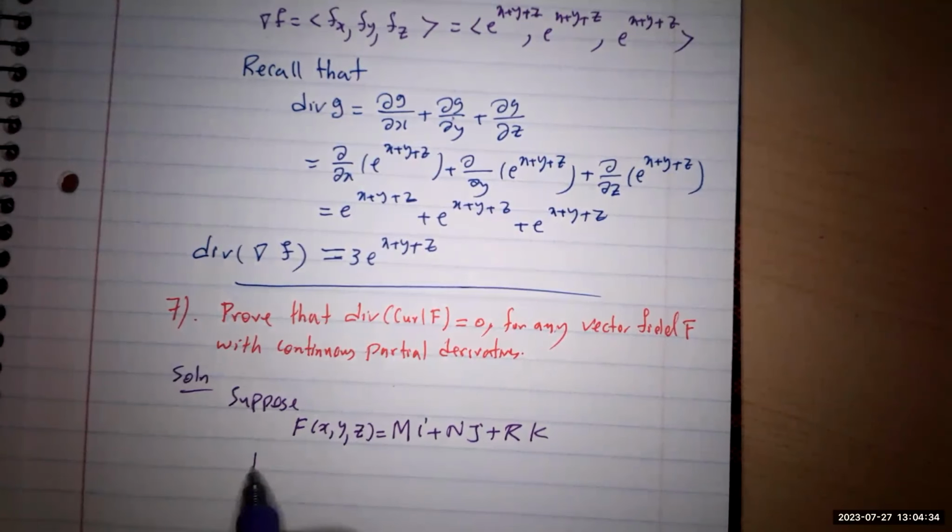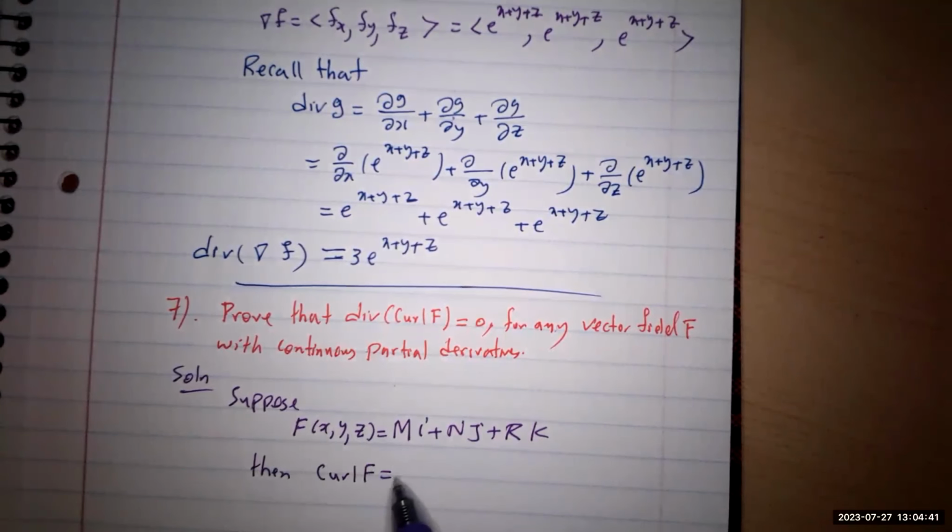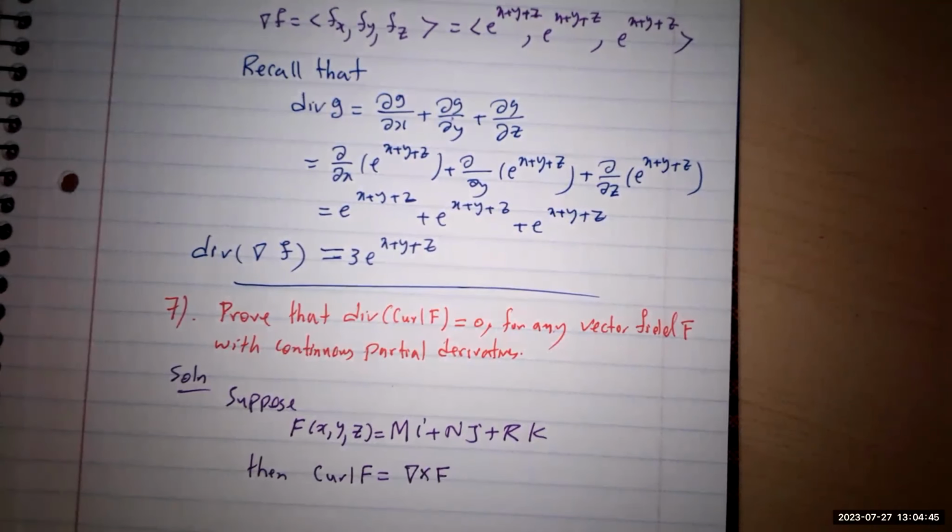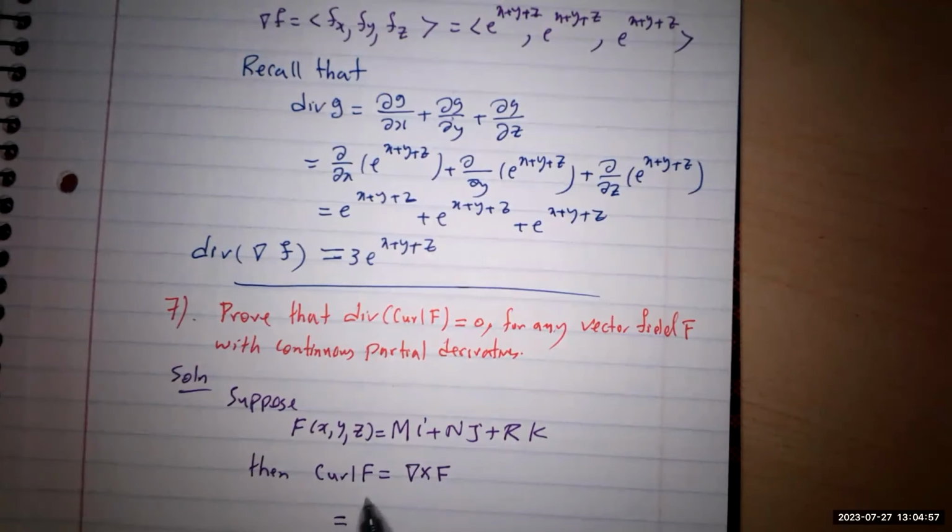Then find the curl of the vector valued function. Remember, the curl is del cross F. It's a vector function, the cross product of these two. The cross product means you are going to have i, j, k.